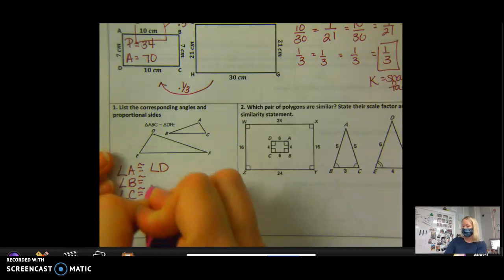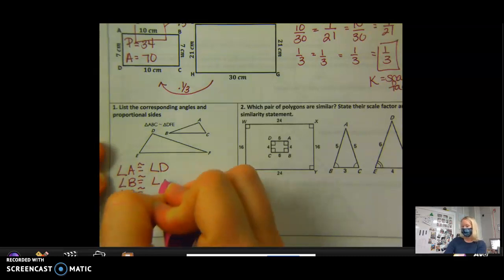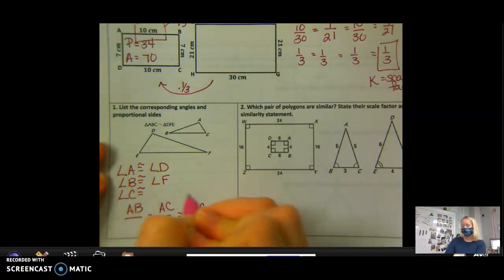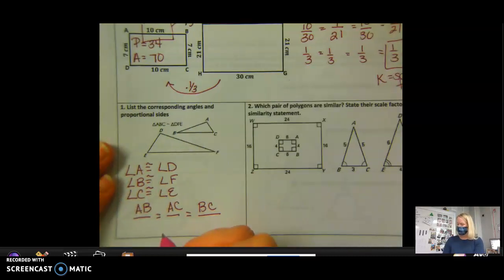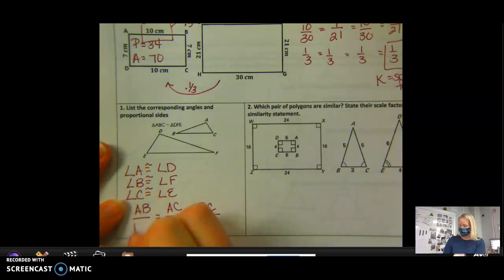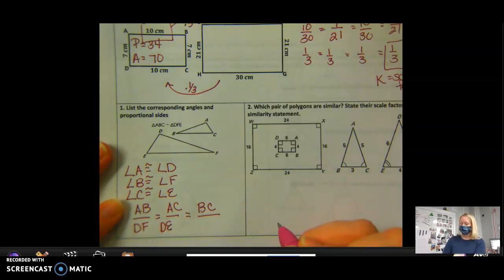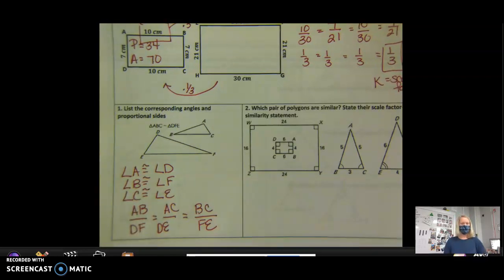Angle B matches up with angle F, and angle C matches up with angle E. AB matches up with DF. AC matches up with DE, and then BC matches up with EF. Okay. Questions? Did I mess up somewhere? Okay, that's fine.